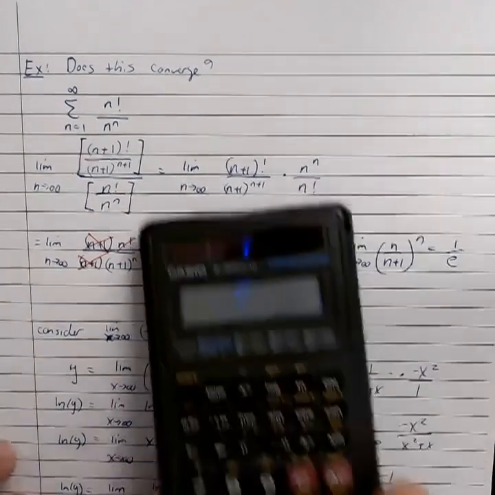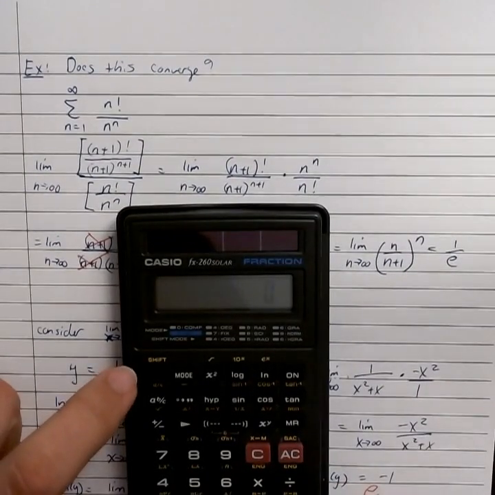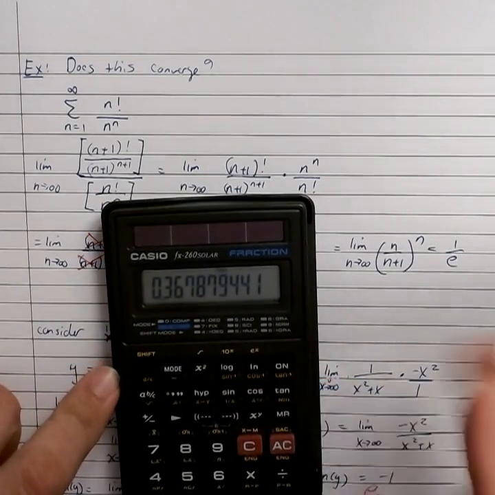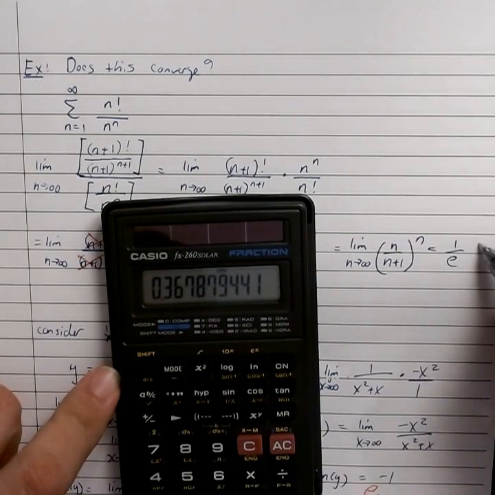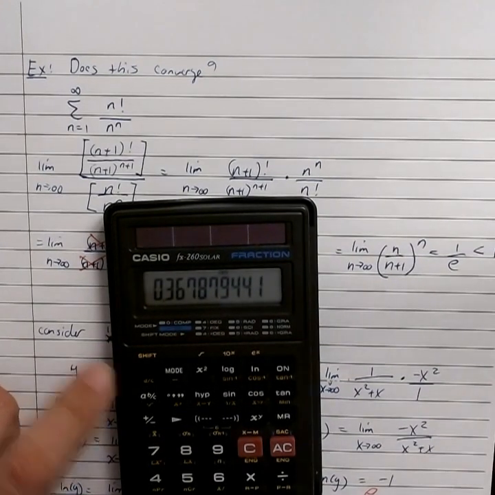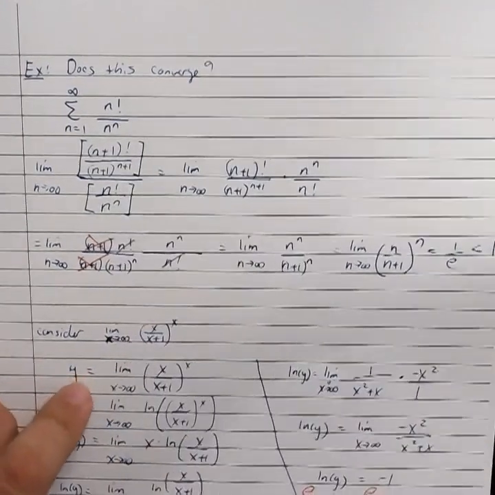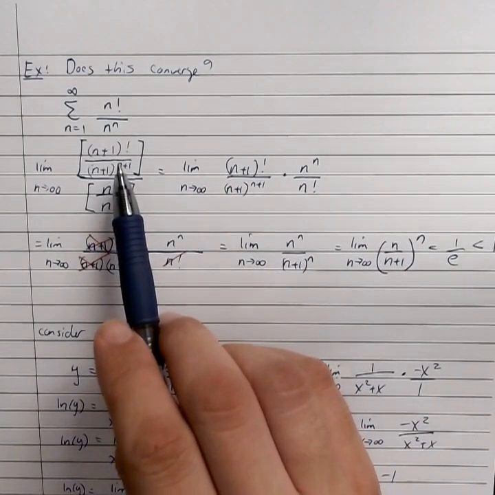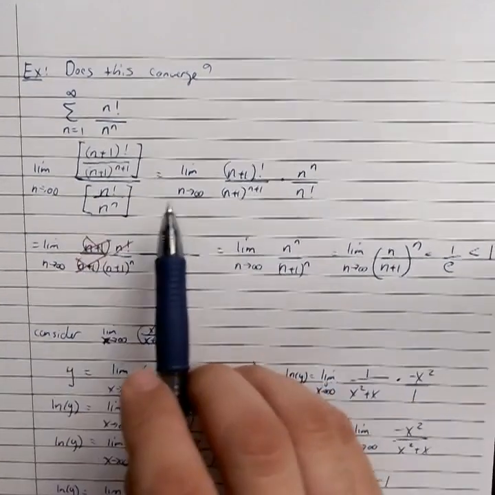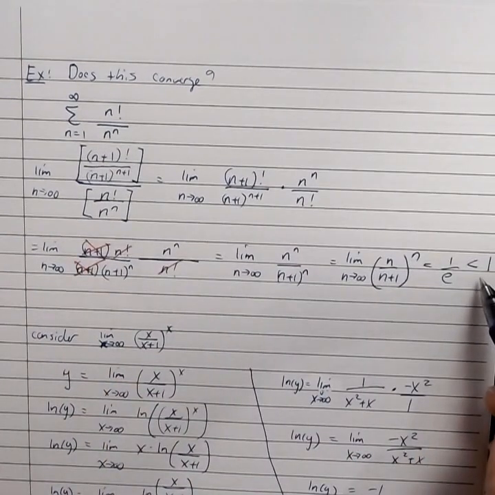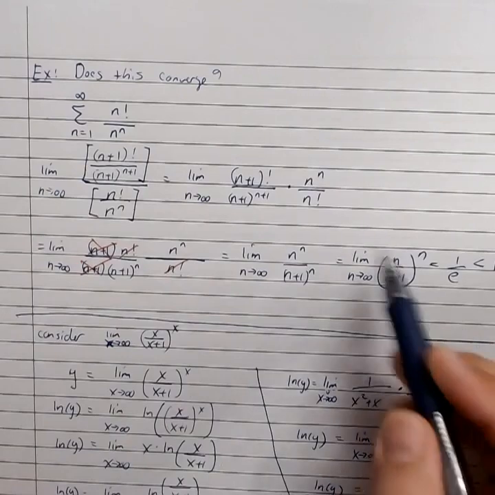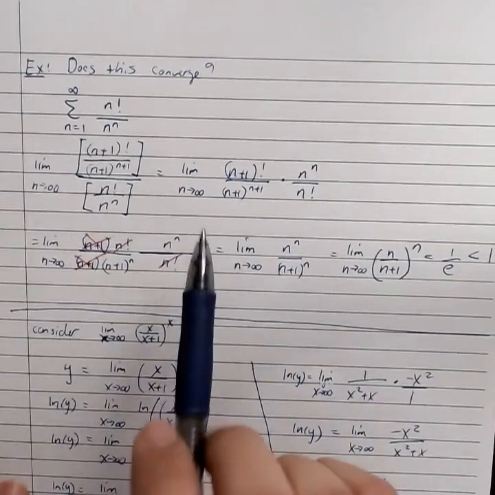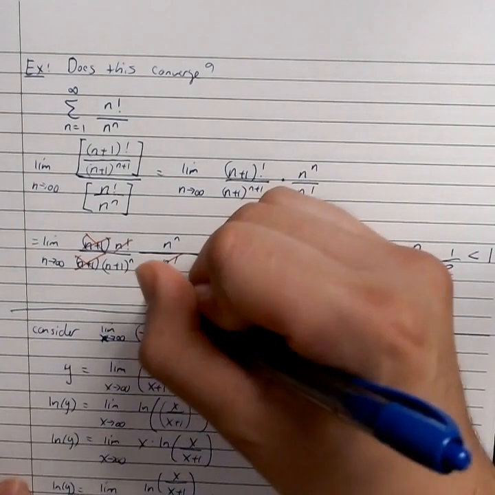But if you take 1 and divide it by e, that's going to give you 0.37, give or take. So that's definitely less than 1. And since I have my limit of the nth plus first term divided by the nth term, because that limit is less than 1, then that means that my original series would converge because of the ratio test.